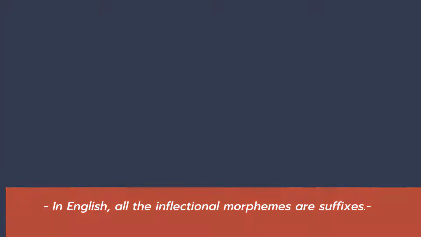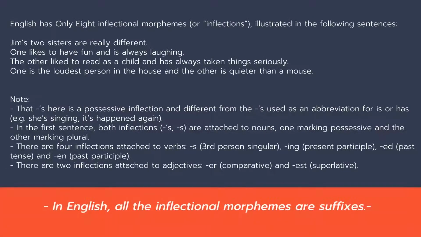Note that 's as in "her" is a possessive inflection, different from the 's used as an abbreviation for "is" or "has": She's singing, it's happened again. In the first sentences, both inflections 's and s are attached to nouns, one marking possessive and the other marking plural.